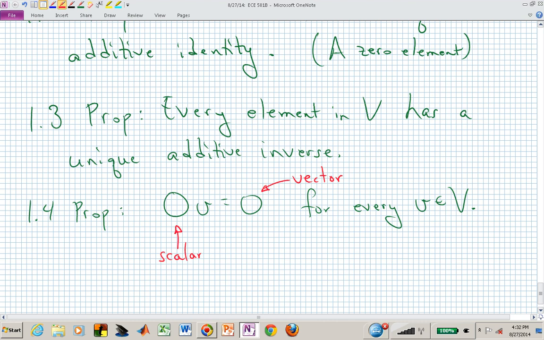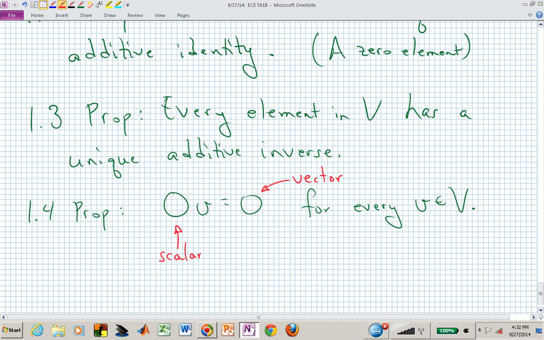So now we've grown up, so to speak, and we can see from the context that the one on the right doesn't need an arrow above it. That's a zero vector. It depends on what that vector represents. It may be a 2 by 2 matrix on the right, and the element on the left is a scalar, and you wouldn't have put an arrow above that to begin with.